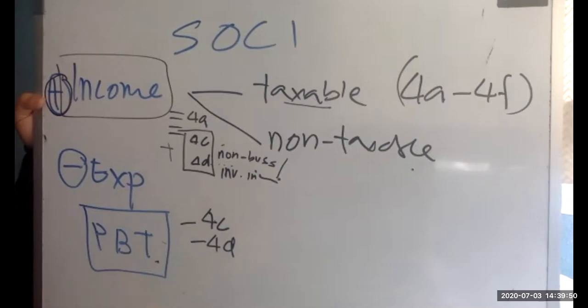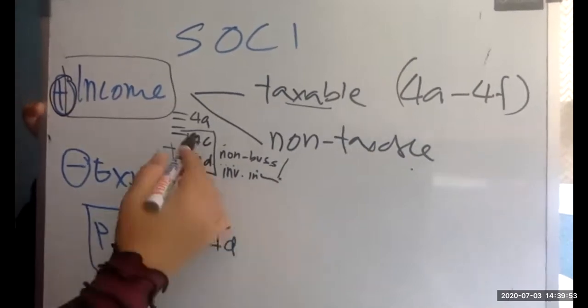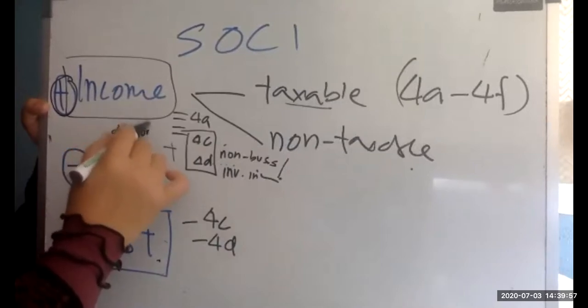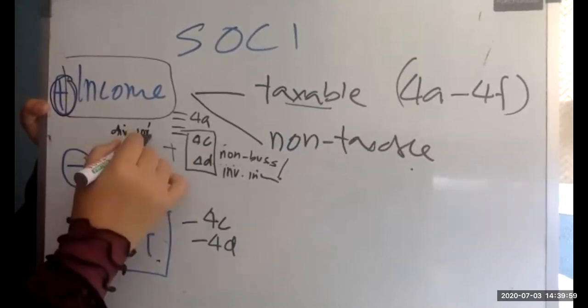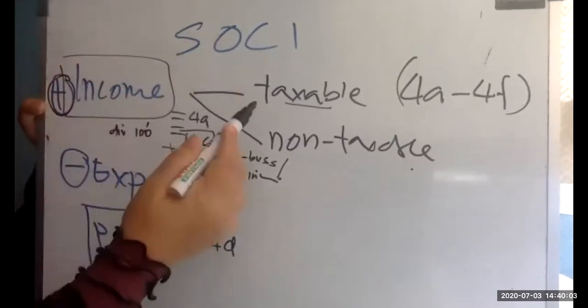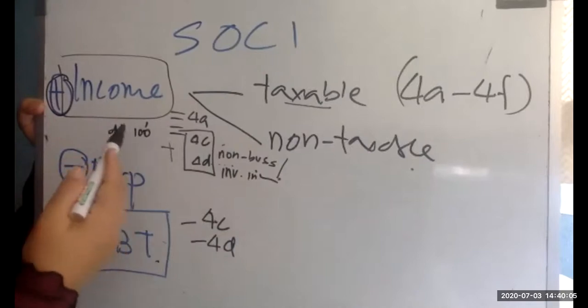Some students, let's say that for your income here, your dividend is 100,000. In your SOKI, you have dividend income of 100,000.